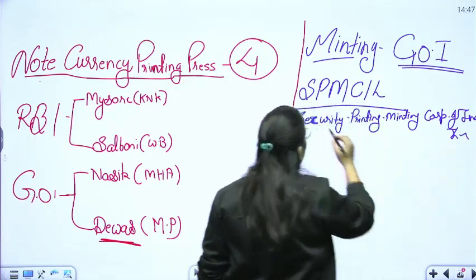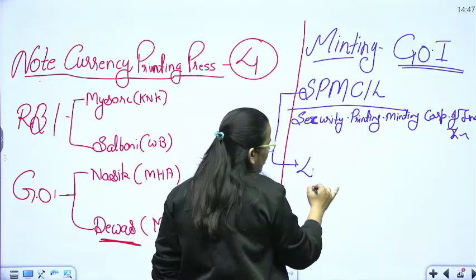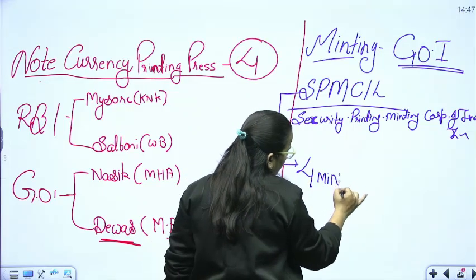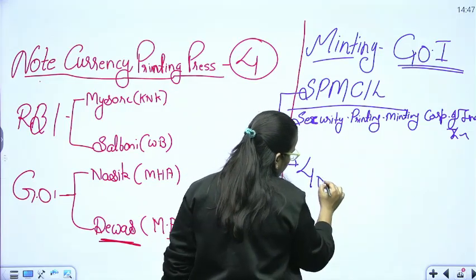This particular entity or agency has four minting presses or mints where the coins are minted.